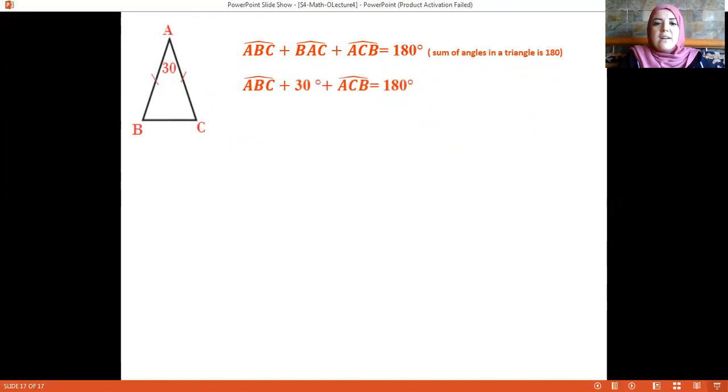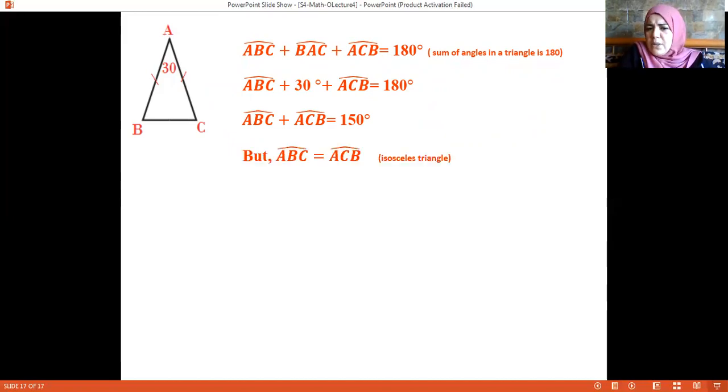The only given that we have is that the angle BAC is 30. So what I know is that ABC and ACB, both of them together, are 150. How did I know? Because A already took 30. So the remaining angles, which is 150, is for both of them. But we know that ABC equals ACB. How did we know? Because it's an isosceles triangle. So we divide the 150 among 2 because they are equal. So we get 75 degrees.